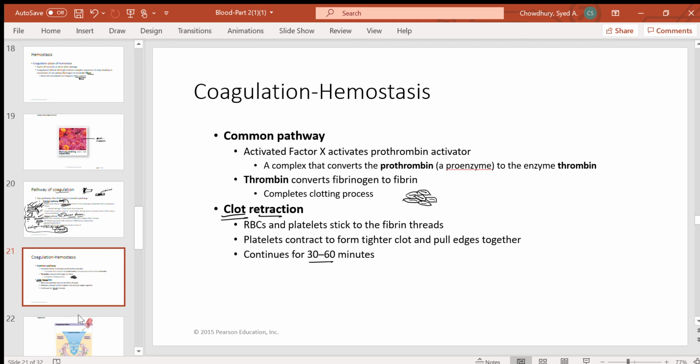So inside the platelets you also have actin myosin, and they will cause the contraction of these platelets. So when the platelets inside the clot contract, the liquid part will come out, that is called the serum. So the release of serum occurs due to the retraction of the clot, or squeezing of the clot, reducing its size, and the water part that comes out is the serum. Okay, and it continues for 30 to 60 minutes. So a clot is actually a semi-solid, jelly-like structure.